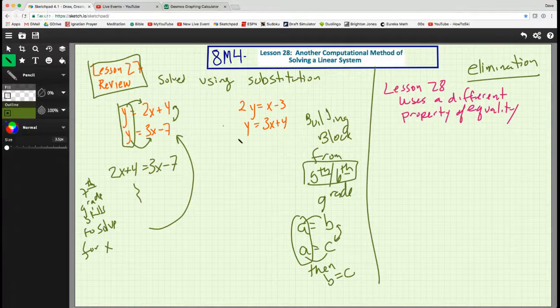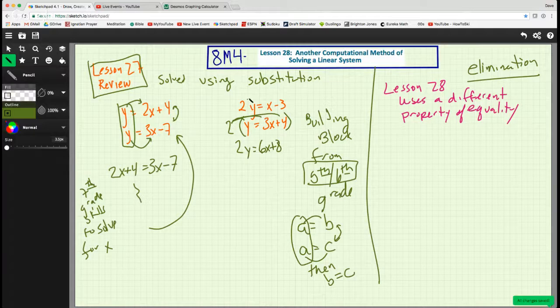Similarly, sometimes our substitution wasn't perfect because our 2y wasn't equal to our y, so we couldn't substitute directly. But we could say, well, let's take this second equation and multiply by 2, and we get 2y equals 6x plus 8, because we'd multiply our entire equation by 2.